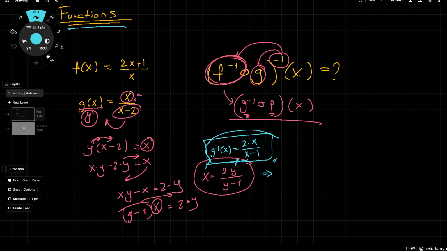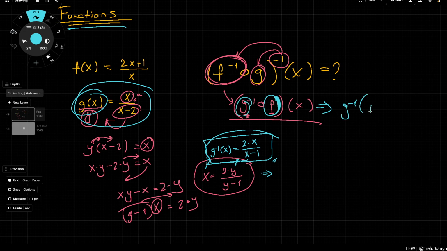So actually the question has given the g function over here, and we have found the opposite of the g function, right? So what are they asking? They are saying: just put the f function into the opposite of the g function. So they say this. We have found this function.